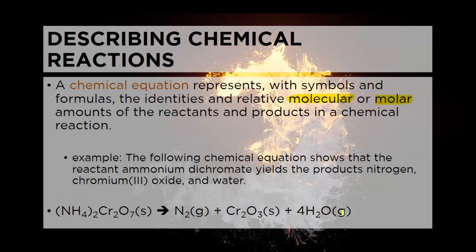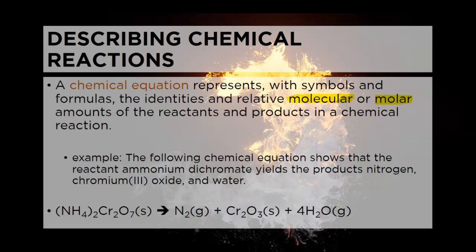So then, what these numbers are telling me is, for every... There's no coefficient in front of this, or this. So that tells me there's 1. So for every 1 unit of ammonium dichromate, I get 1 molecule of nitrogen, 1 unit of chromium 3 oxide, and 4 molecules of water.